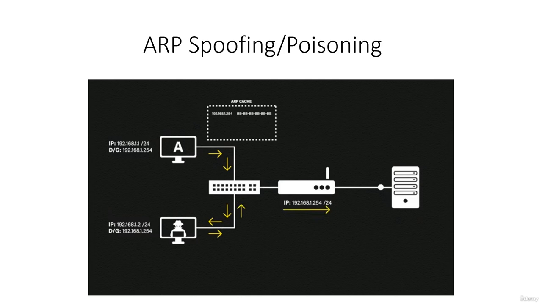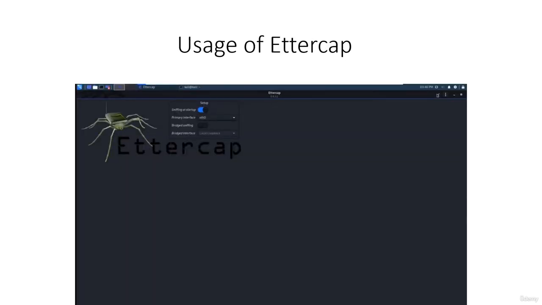So let's see how we can use a tool like Ettercap to achieve such a task. First, let's see how to use Ettercap. If you have a Kali Linux operating system, then the Ettercap program is installed by default. Ettercap has a graphical interface that is very beginner friendly, unlike many programs that are command line only.